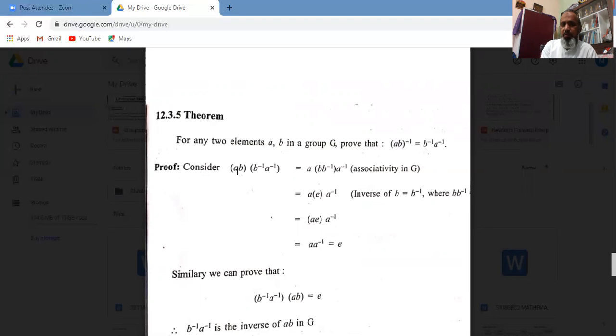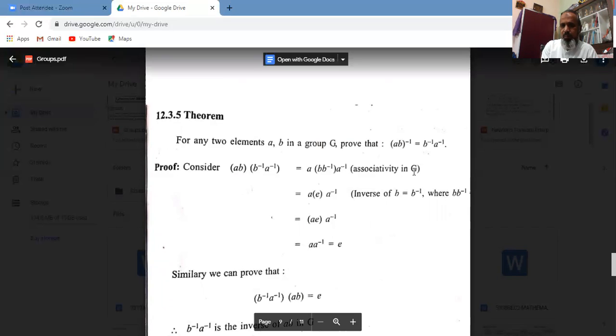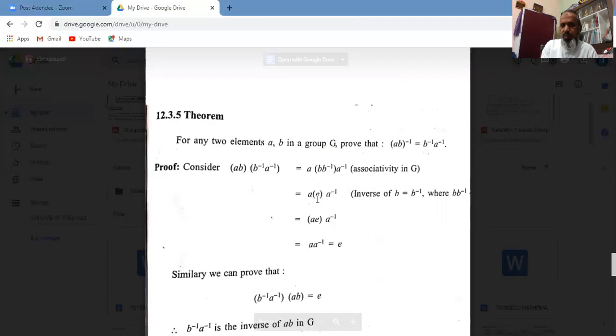Now, A, B, B inverse, A inverse are also elements of G, so we can write this as A into B B inverse A inverse by the associative property in G. A into B B inverse is identity element into A inverse, because B into B inverse is E, the identity element. So A into E into A inverse.